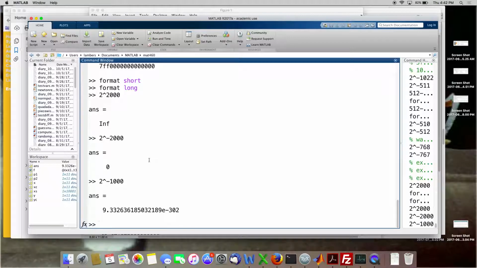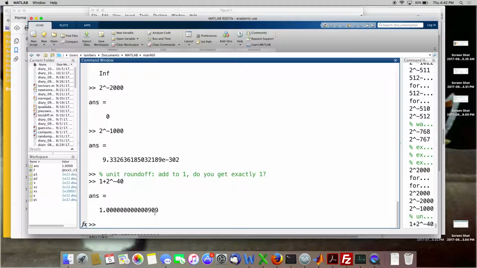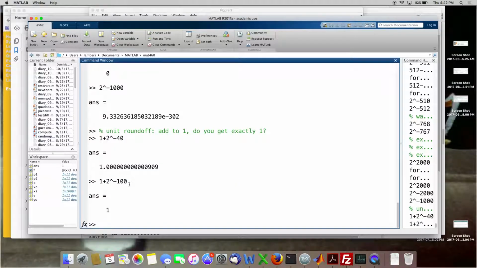Okay, so that's for the exponent part. As far as unit round off, added to 1, do you get exactly 1? For instance, if I add 1 plus 2 to the minus 40, I get something here. So this number is larger than the unit round off or machine precision. Whereas if I add something much too small, like 2 to the minus 100, it's exactly 1.